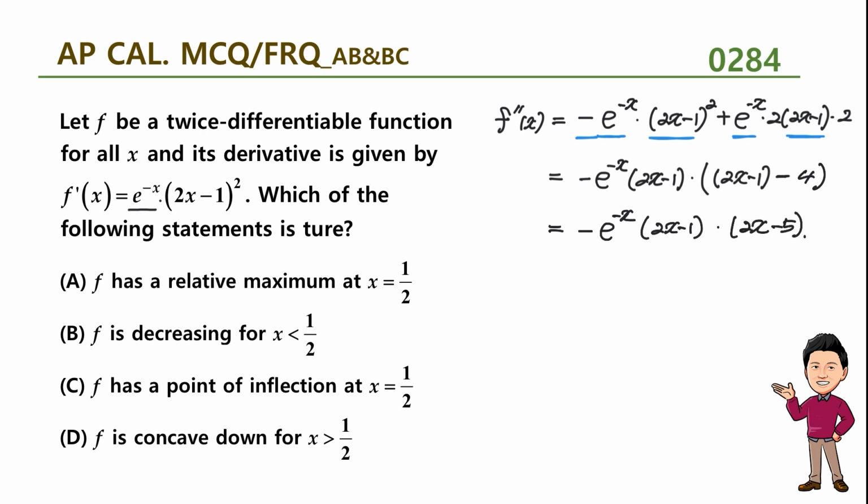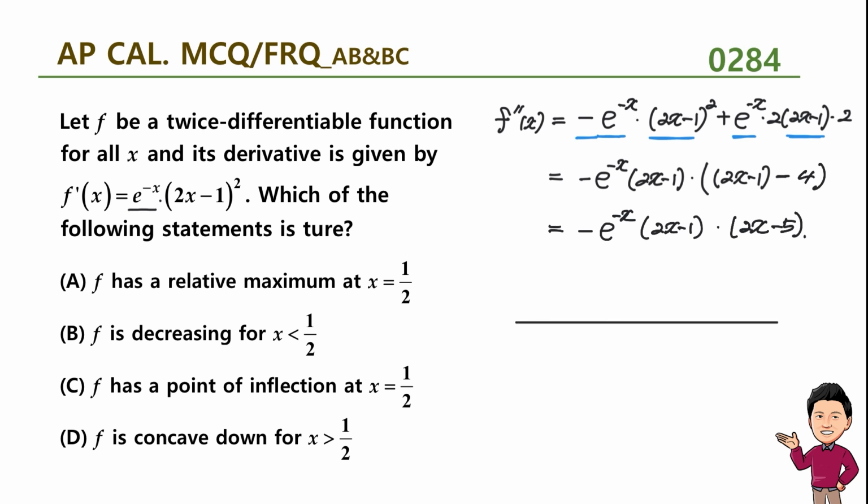So let's test. First the derivative test and concavity test. Here we have a number line for x. Remember, the exponential is always positive, never equal to 0. So the second derivative is equal to 0 when x is 1/2 and x is 5/2, right?